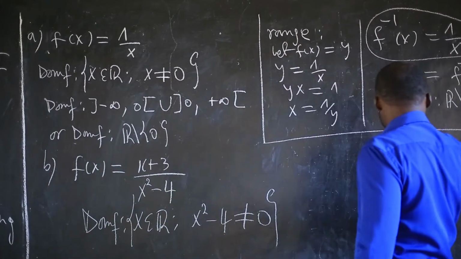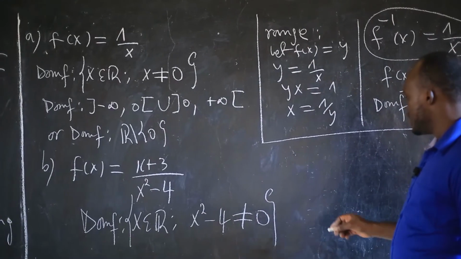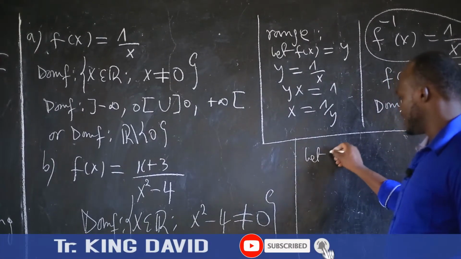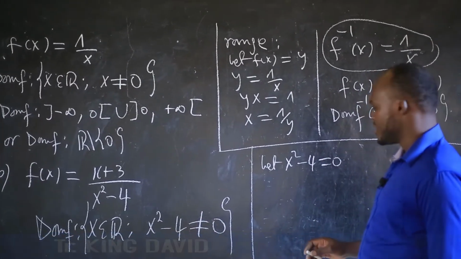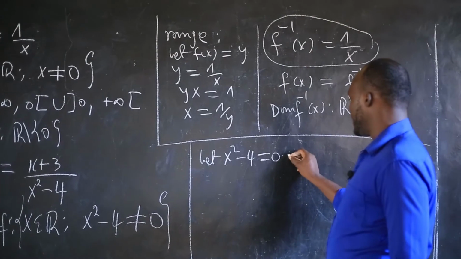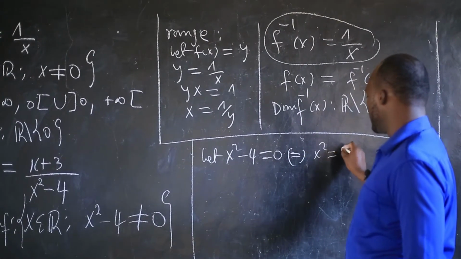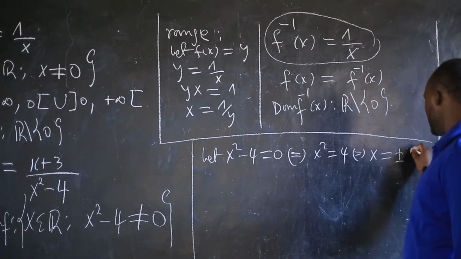Then, to get the actual domain, we let x squared minus 4 equal 0 in order to get the values of x. So x squared equals 4, where x is plus or minus 2.